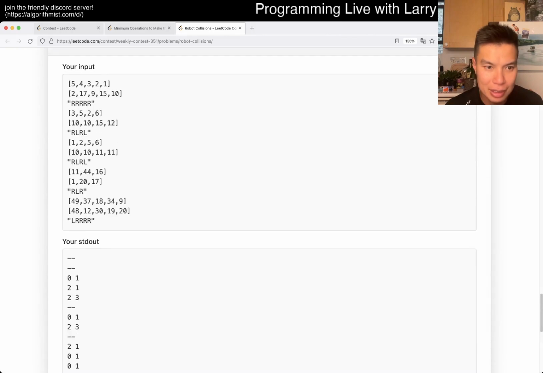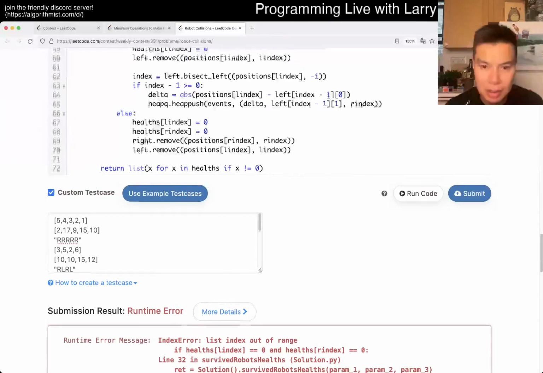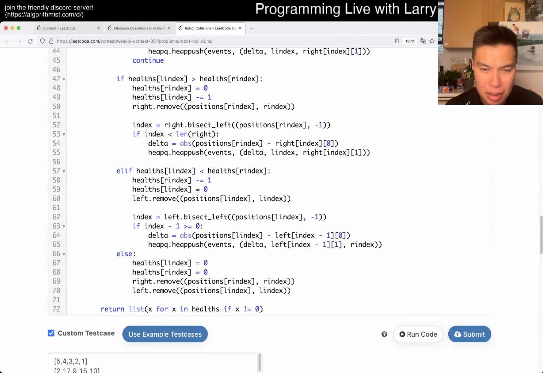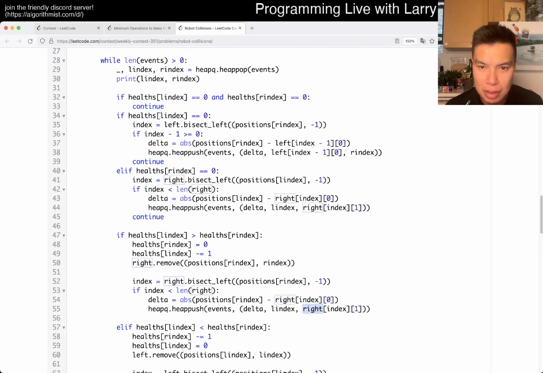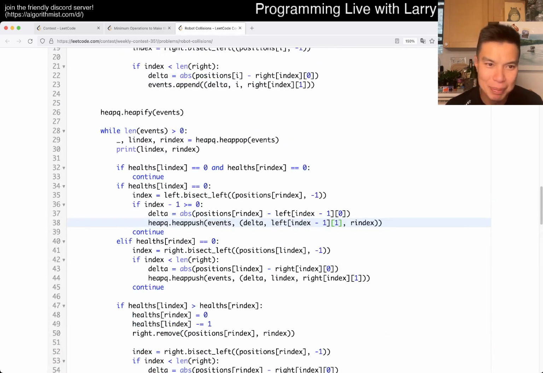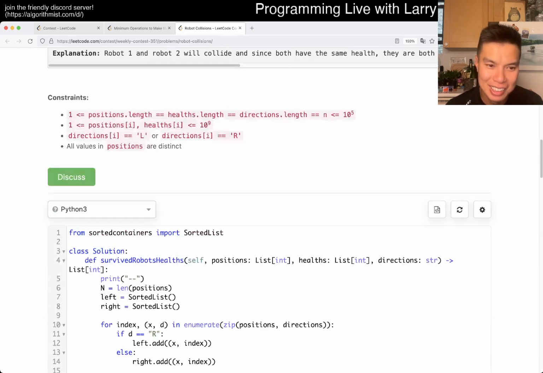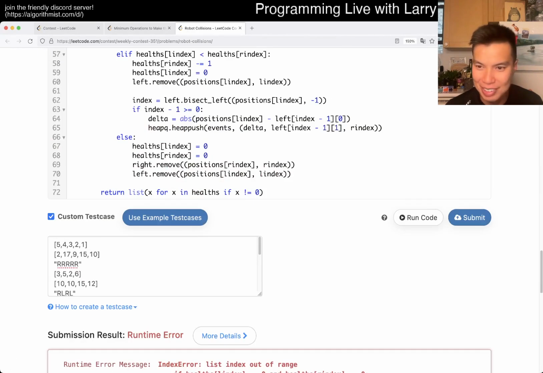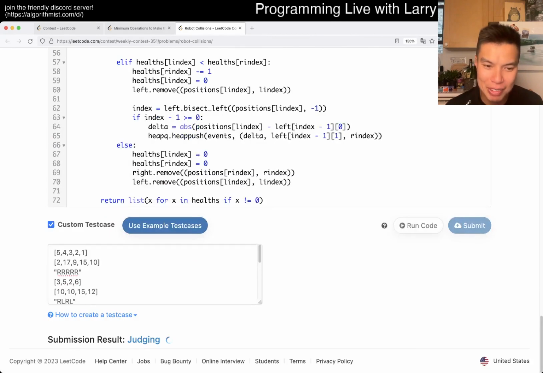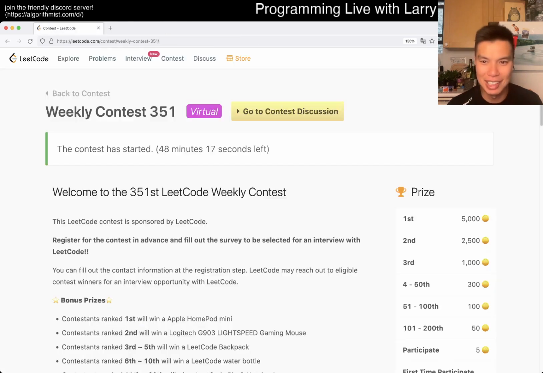What is 18? 18 is like one of the inputs. Left index, right index. Oh man, I copied and pasted the same typo. And got two wrong answers for the same thing. Okay, fine. Come on, please be right. I mean, there were a couple of silly... Oh, I'm not done yet.